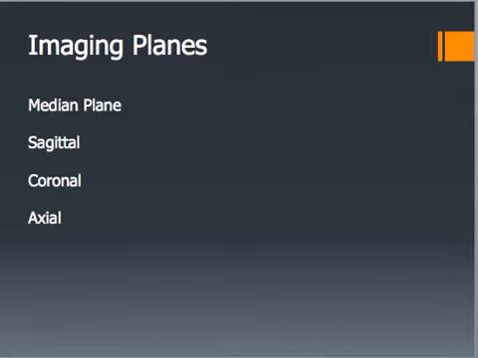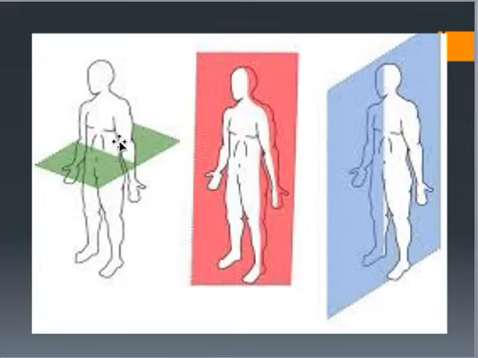So let me show, I have a slide here. Here's your axial slice that's dividing into superior and inferior portions. Coronal slice, which is dividing the body into anterior and posterior portions. And then your sagittal slice, which is dividing it into right and left portions. The mid-sagittal or median plane is equal right and left sides.